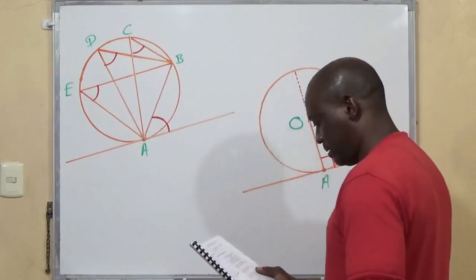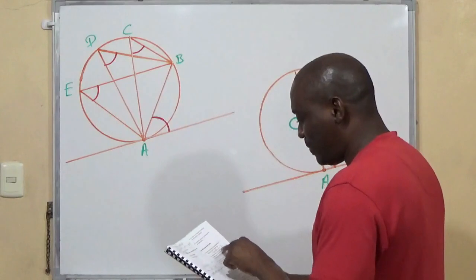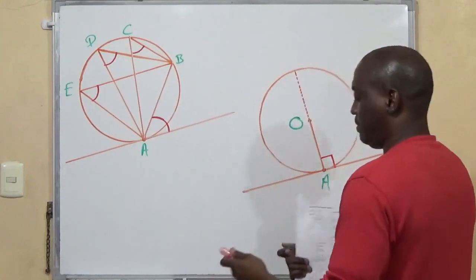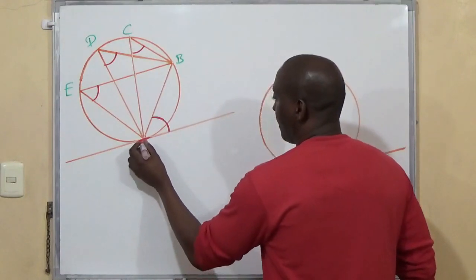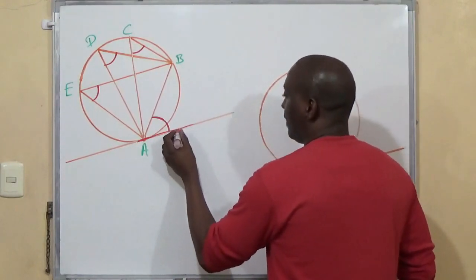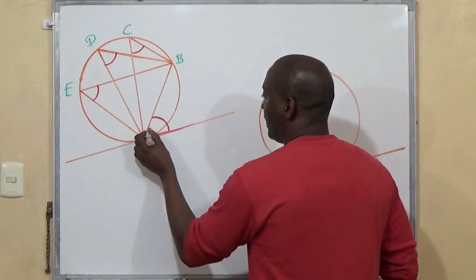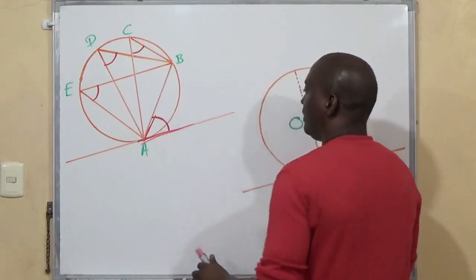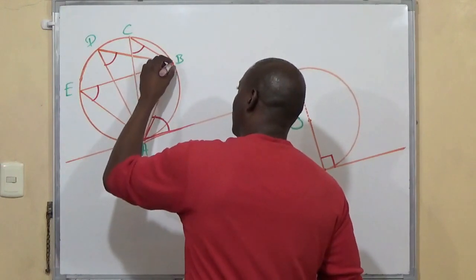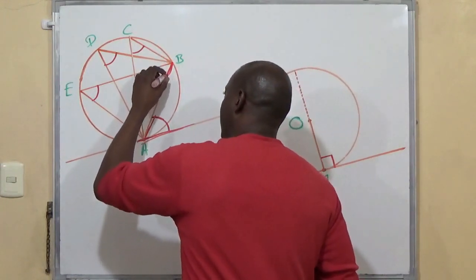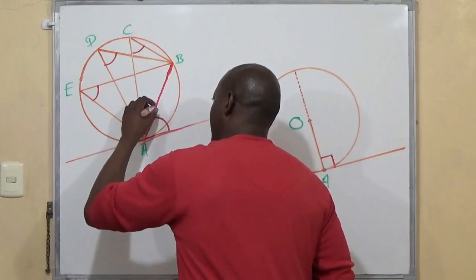Let me read from the syllabus. The angle between a tangent to a circle and a chord. So this is a tangent here. This is a chord here. So AB is the chord. I'm just drawing it in red for reference, just a highlight.